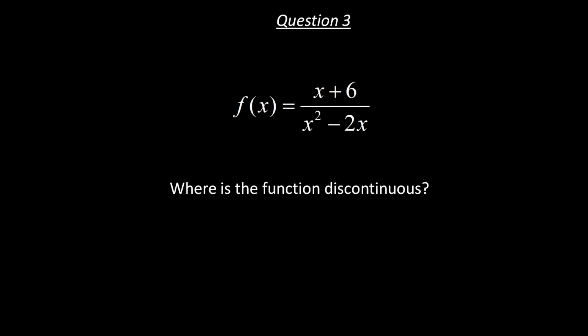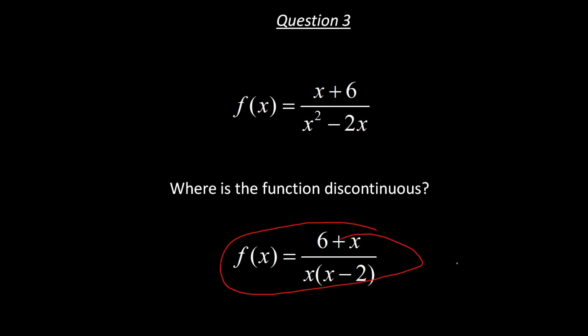So check this out for the third question. Where is this function discontinuous? So I'm being a little tricky with this one because this is the same function we just did. And what did you have to do?